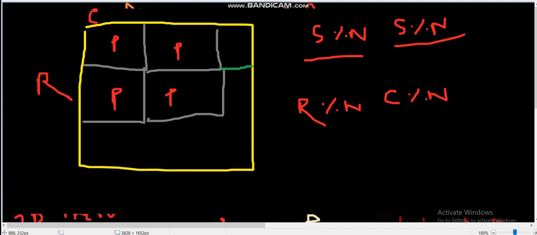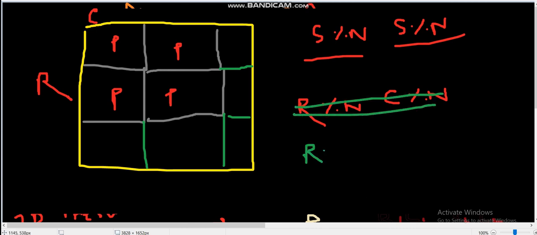There are r by n p's row wise and c by n p's column wise, and there are r modulo n rows remaining here, and c modulo n columns remaining here.